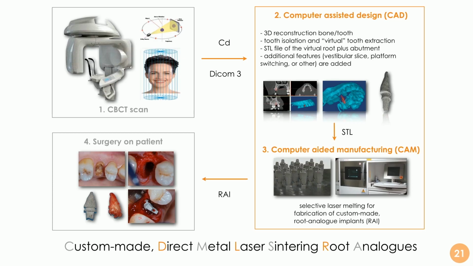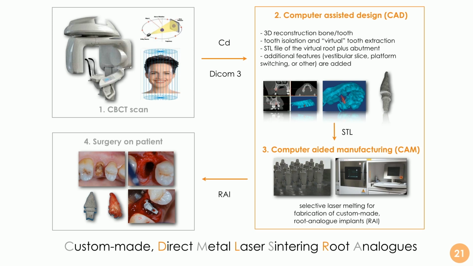So the design of the study is very simple. We capture a CBCT scan. We import the DICOM into a 3D reconstruction software. We segment the bone. We segment the root. We make a virtual extraction of the root after segmentation. We add an integral abutment, designing it in Rhinoceros and in a reverse engineering software.